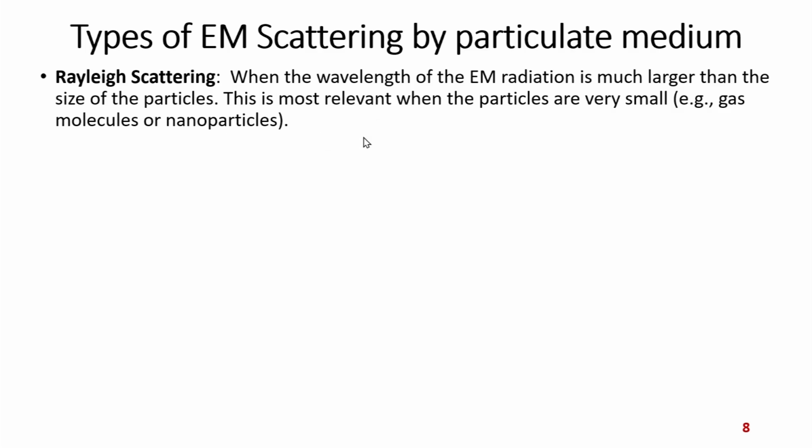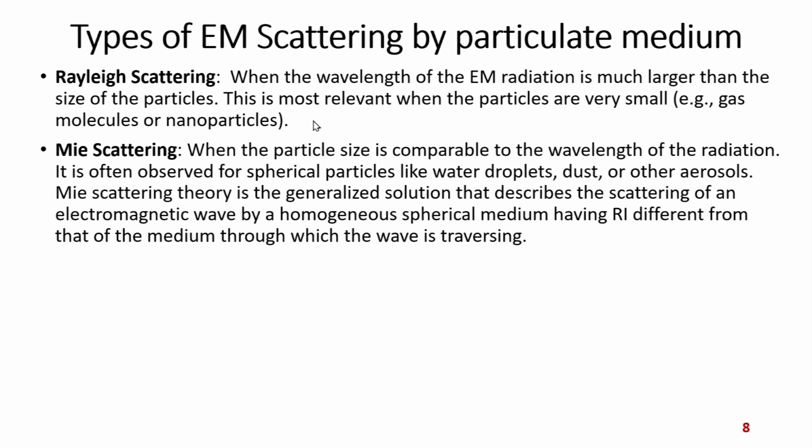One is Rayleigh scattering. What is Rayleigh scattering? It applies when the wavelength of the EM radiation is much larger compared to the size of the particles. This is most relevant when the particles are very small, such as gas molecules or nanoparticles. The second one that is used is called Mie scattering.